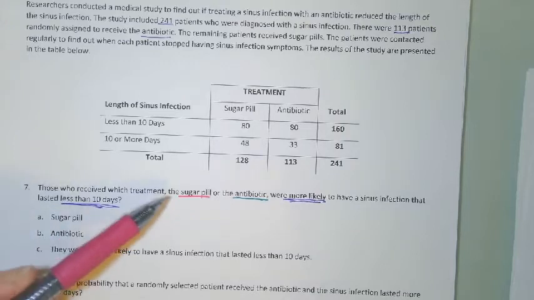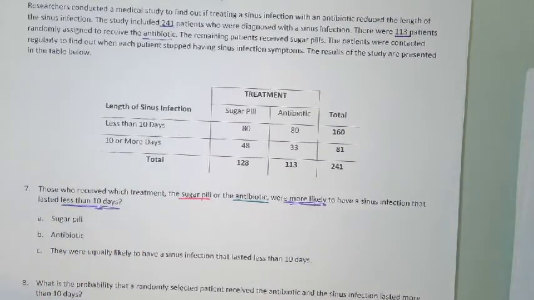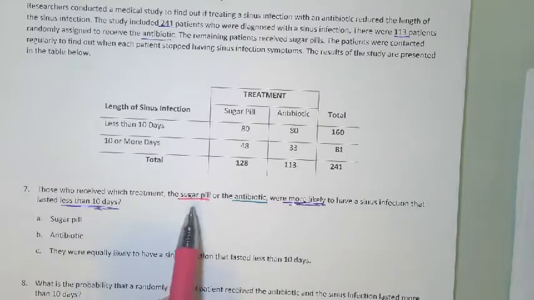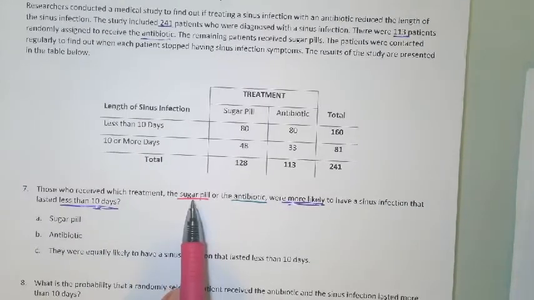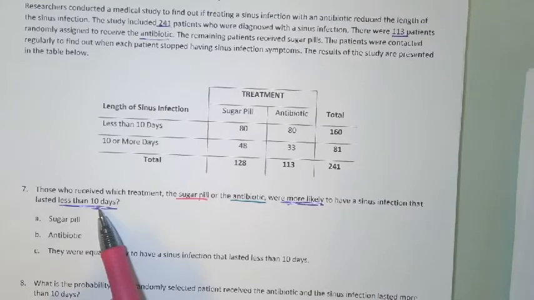So first case, they were given the sugar pill, so we have two pieces of information. One, they were given the sugar pill, and two, they had a sinus infection that lasted less than 10 days.